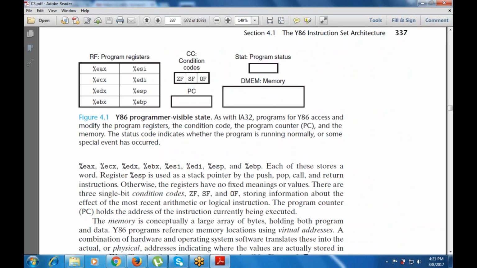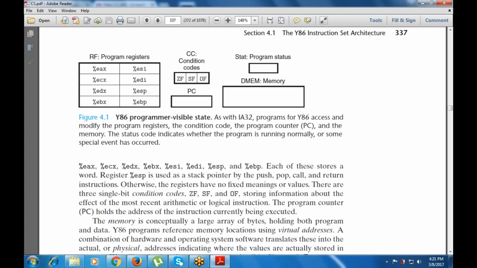What are the various program registers? One is EAX, one is ECX, one is EDX, EBX, ESI, EDI, and ESP, EBP. So these are the 8 registers that are available, known as the program registers. Then the CC condition codes: ZF, SF, OF.